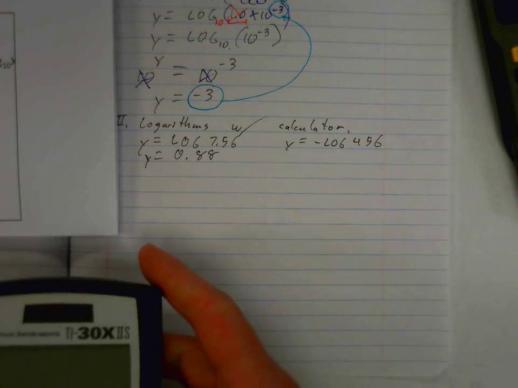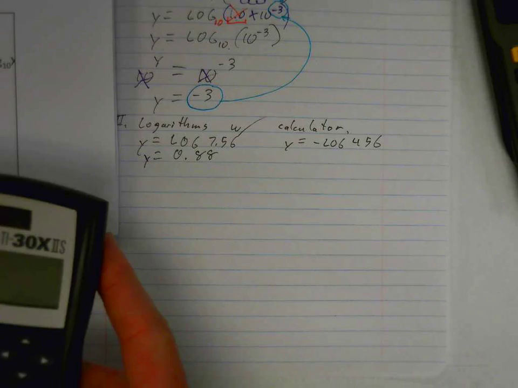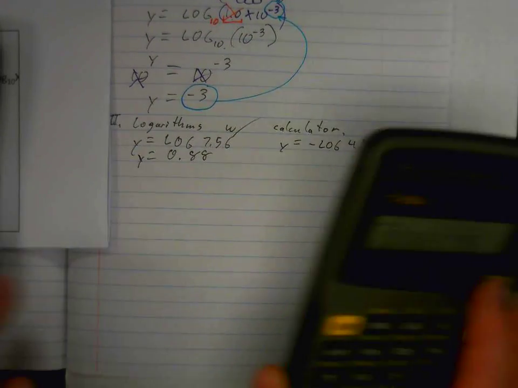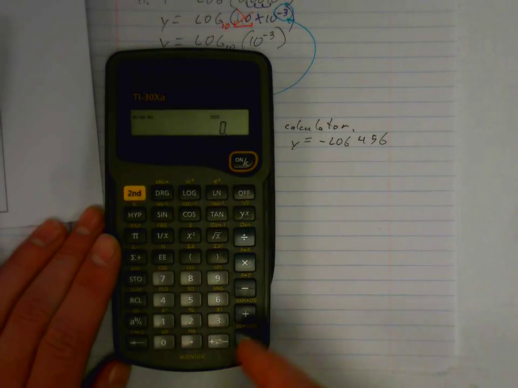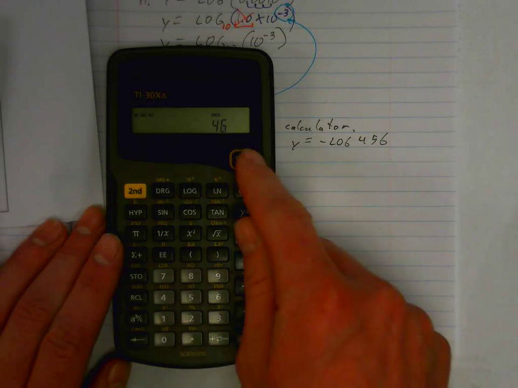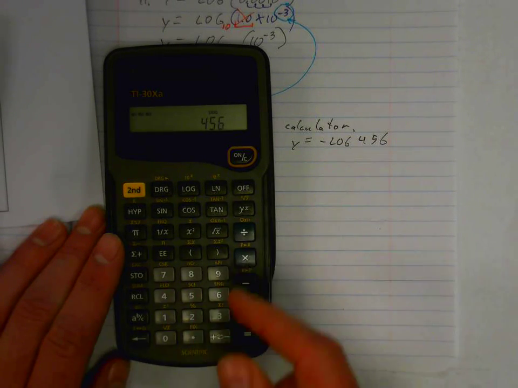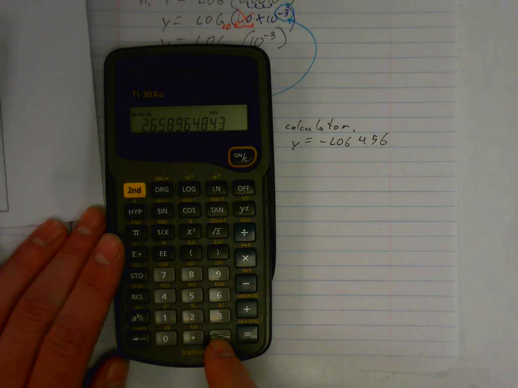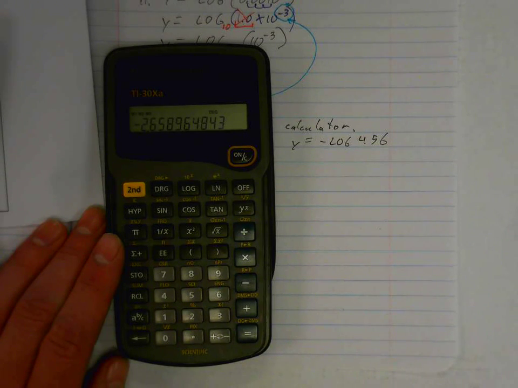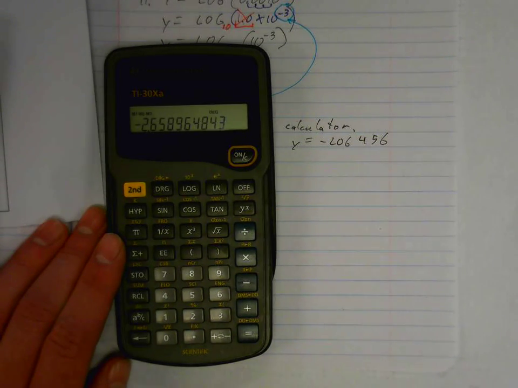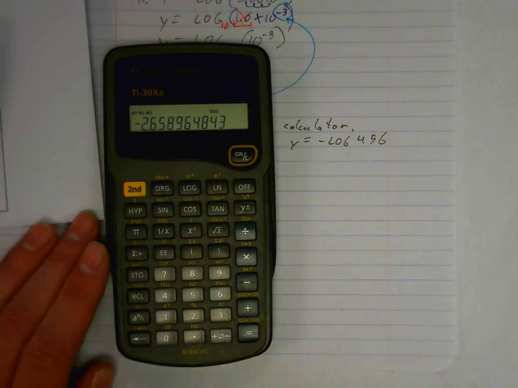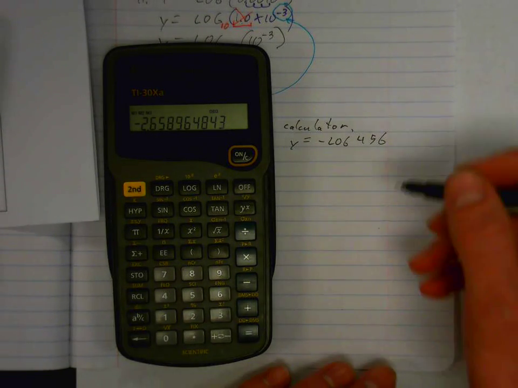In this calculator, I would type 456 log, and then I would put the negative key afterwards. So I get negative 2.66.